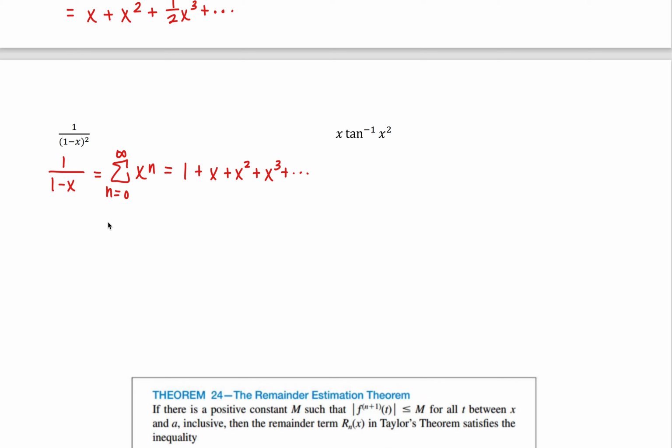Now, I also want to point out one more thing. If we take the derivative of 1 over 1 minus x, we're going to end up with 1 over 1 minus x quantity squared.